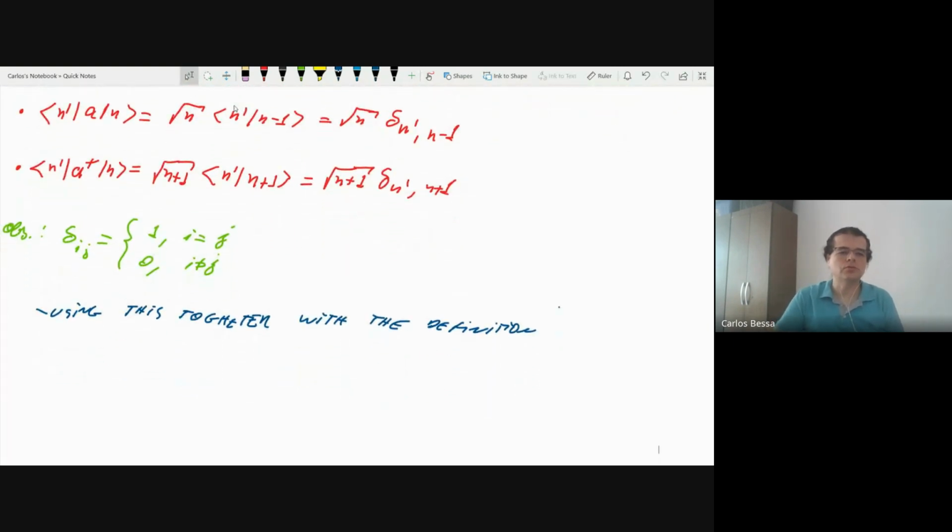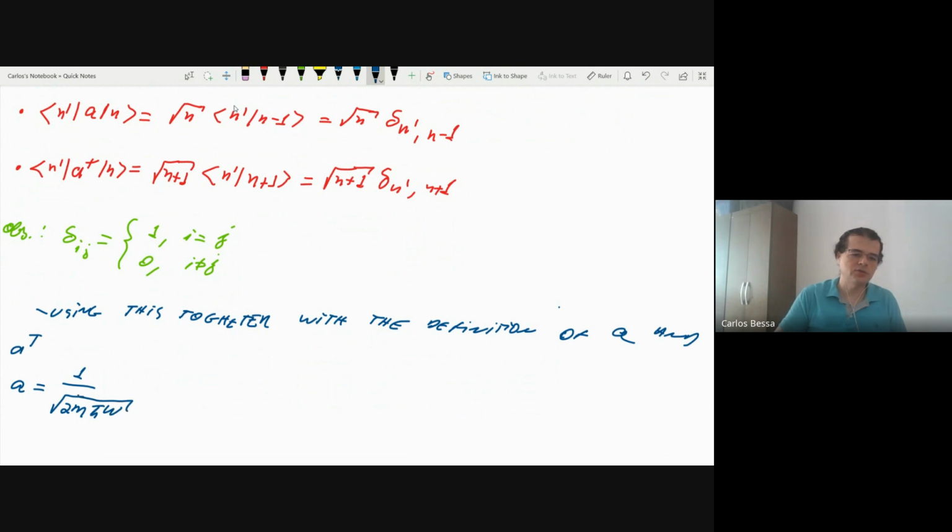So, using this together with the definition of a and a dagger. Just to remind, I'll put again the definition we did in the last lecture.